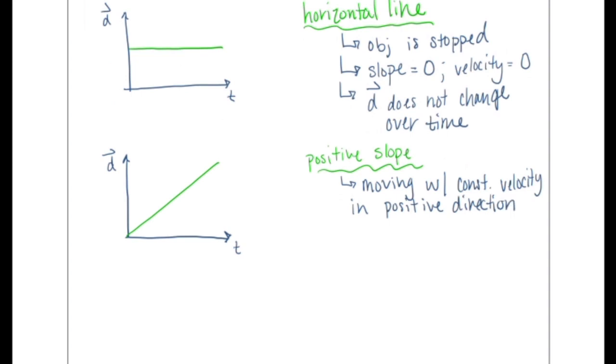Okay, and so the slope here is greater than 0. Okay, and an important thing to note is that the steeper the line, or the larger the slope, the faster the object, okay, or the greater the velocity is going to be.